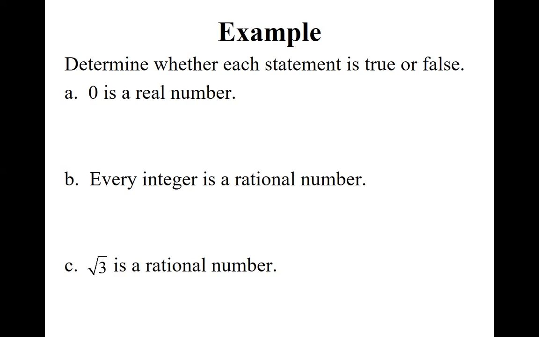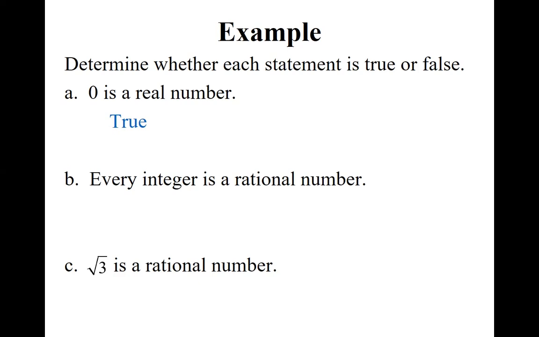A, 0 is a real number. Well, a real number can be expressed on the number line. Is 0 on the number line? Sure is. True. B, every integer is a rational number.